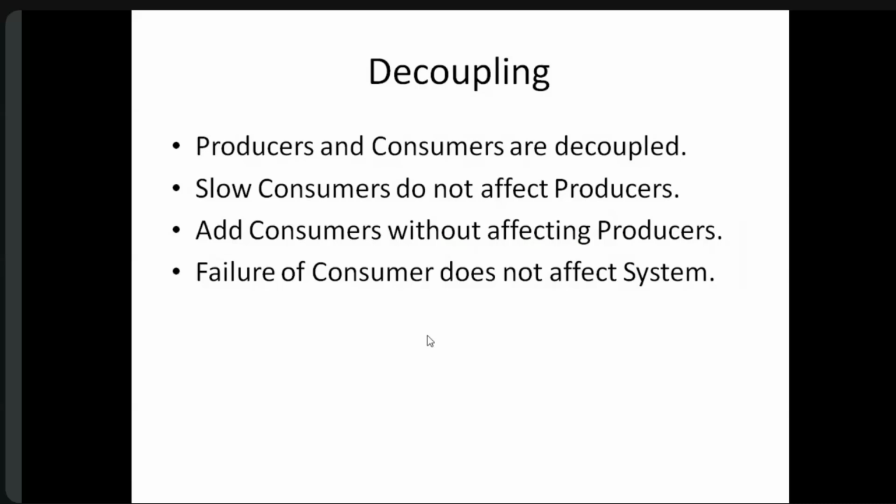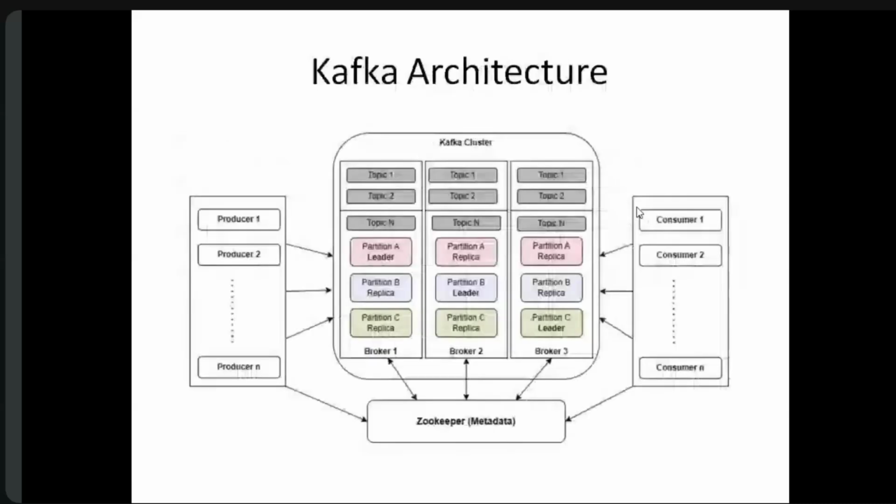Now, what is decoupling? Decoupling is a very good concept in Kafka. Decoupled means they are independent of each other. The producer doesn't have to wait for the consumer to consume; it can keep sending data as fast as possible. Similarly, the consumer doesn't have to worry about how much data the producer has produced; it can consume at its own speed.